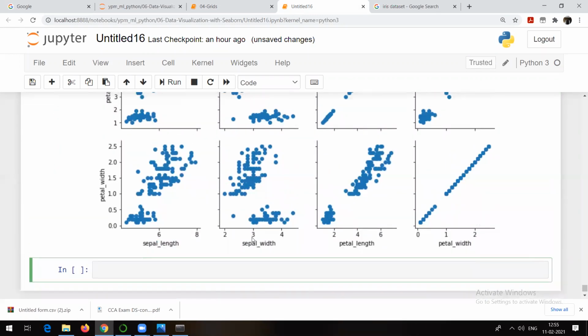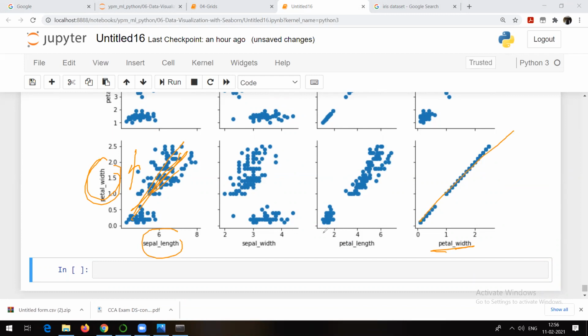For example, if I want to understand the relationship between sepal length and sepal width, this is the relationship between them. It says that if the sepal length increases, sepal width also increases, so somewhat linear. Obviously, for the same column against itself it looks like this.